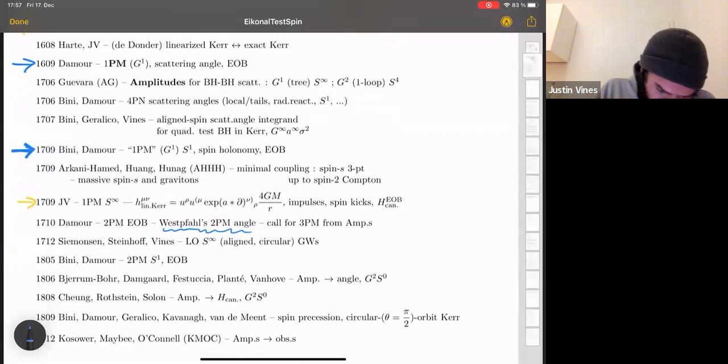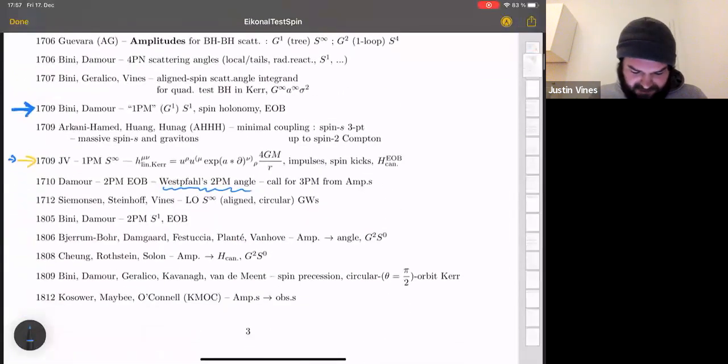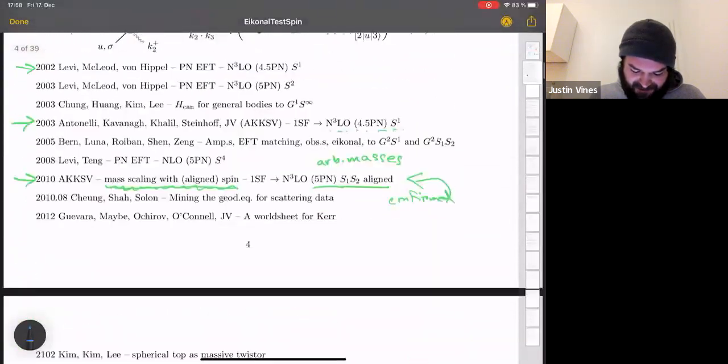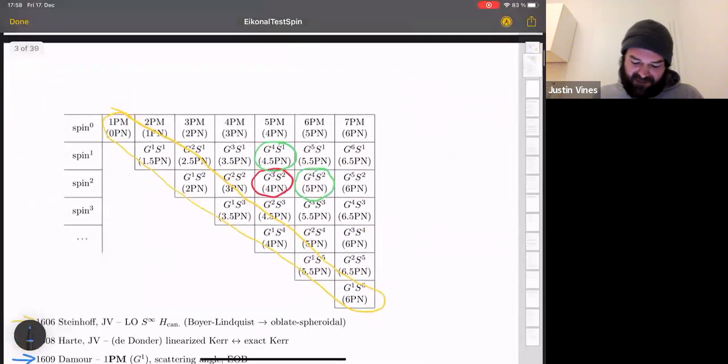Of course, that was continued here and in many other references. And just a small comment I want to make about, oh, the table's up here. Okay, so in terms of PM spin, so that was here with Bini Damour. And then I guess, okay, why not also circle this in blue?